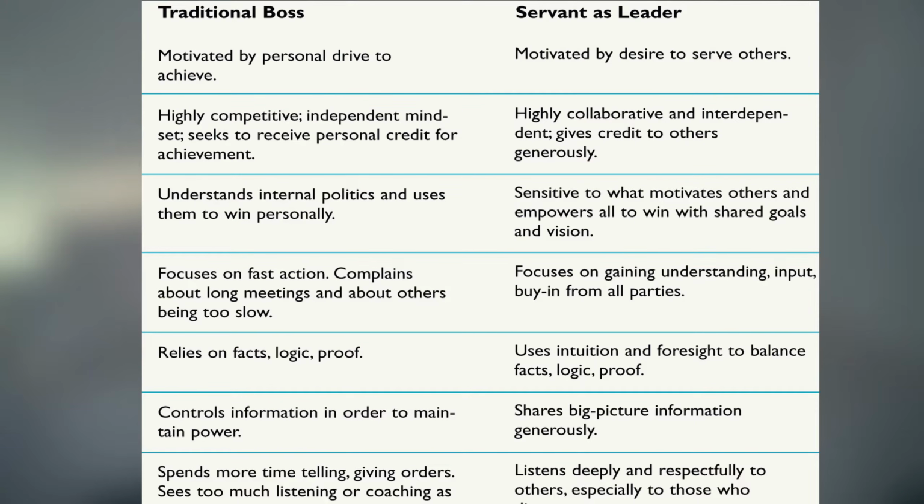The boss relies on facts, logic, and proof, whereas the servant leader uses intuition and foresight to balance facts, logic, and proof. The boss controls information in order to maintain power. Power is extremely important for the boss, whereas the servant leader shares the big picture information generously.